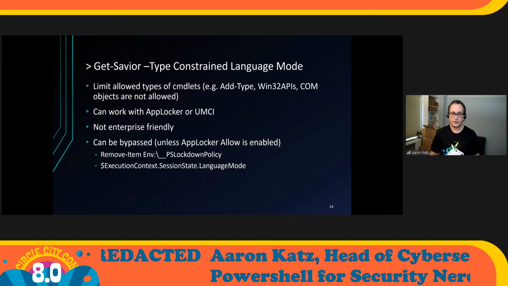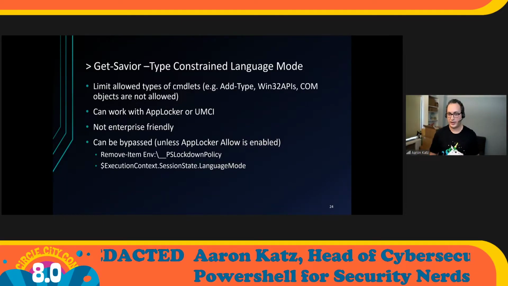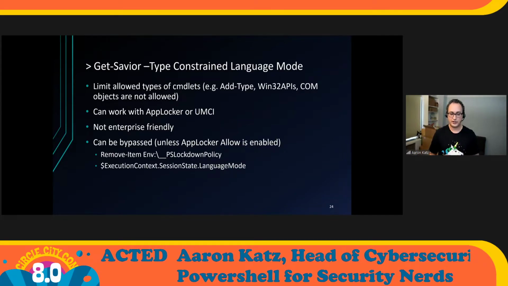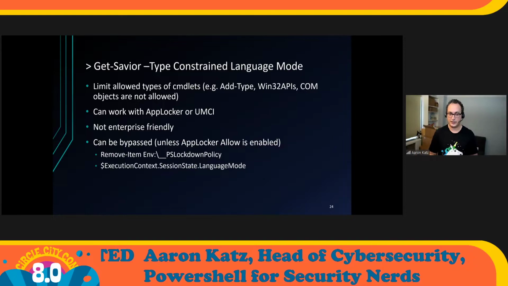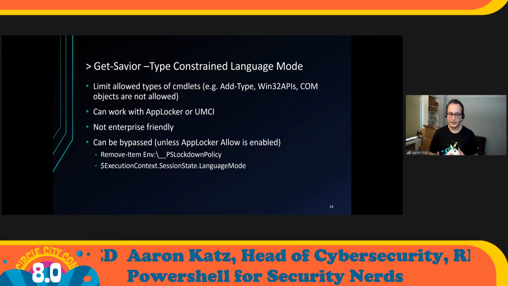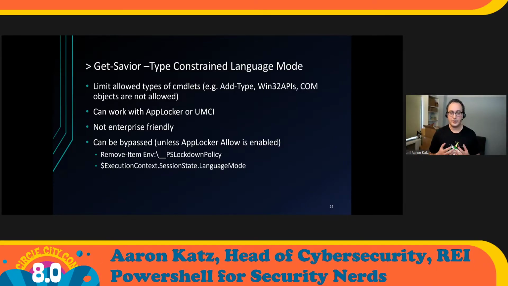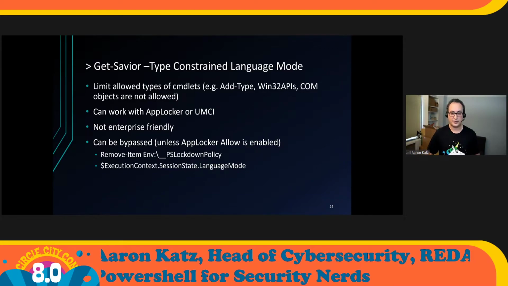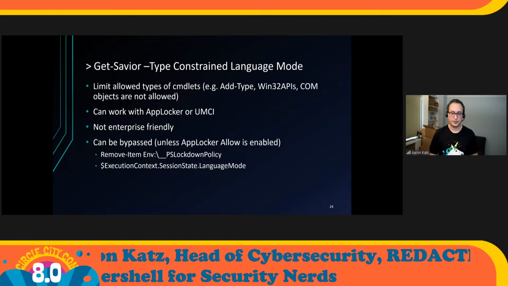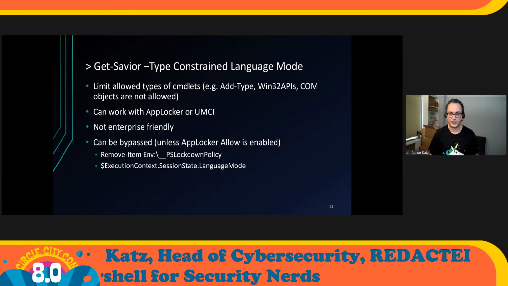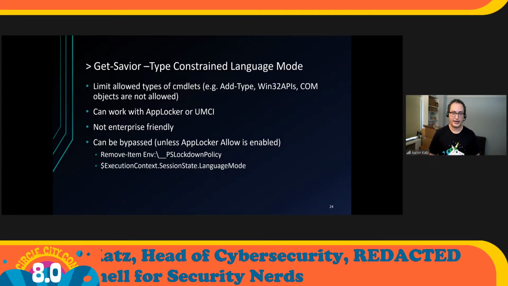And then for organizations that don't really use PowerShell often, you want to look at something called Constrained Language Mode. It's not a panacea. It's kind of an interim step, but it lets you limit the allowed types of cmdlets. So for example, that script I ran earlier would not work because I wouldn't be allowed to create a COM object. I wouldn't be allowed to add an assembly.